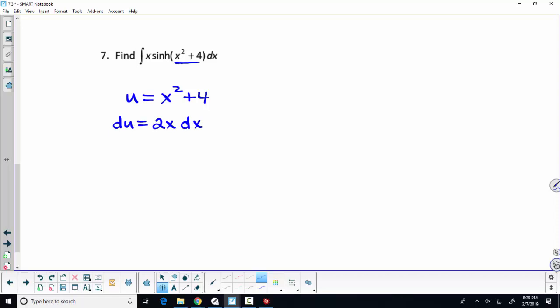Don't forget your differentials, dx, du. Those things do matter. Don't try to be neat. Don't just drop those differentials. It'll matter a lot when we start looking at chapter 8, especially with integration by parts. Yeah, 1/2 du equals x dx, if you want.